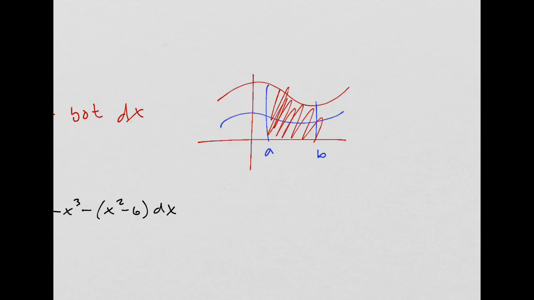If I want the area between the two, then I could figure out the area underneath the blue one and subtract that away from the red area. Do we understand that? That's why we're subtracting. And then it generalizes to functions that are underneath, because if you subtract a negative, you're actually adding more area. So it never actually gets negative area when you're doing between two curves.